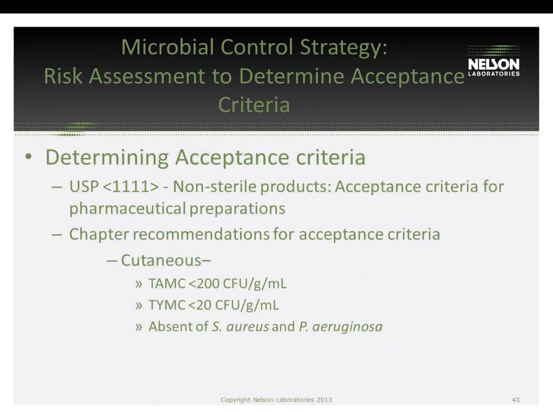So for example, cutaneous samples, products used on the skin, they recommend less than 200 CFU per gram or mL for the aerobic testing and less than 20 CFU for yeast and mold, and an absence of Staph aureus and Pseudomonas.